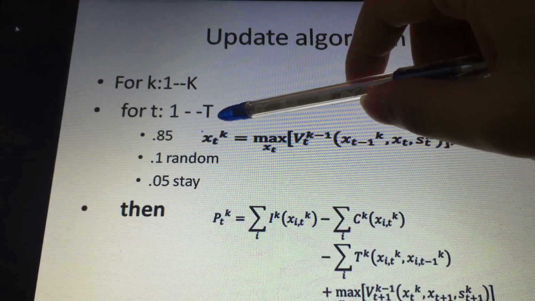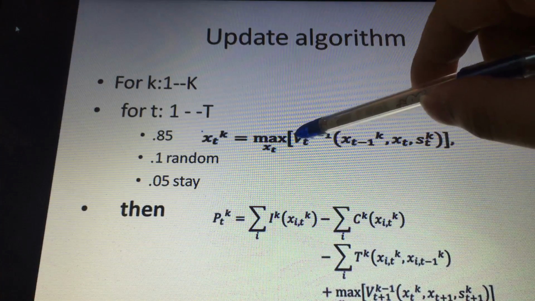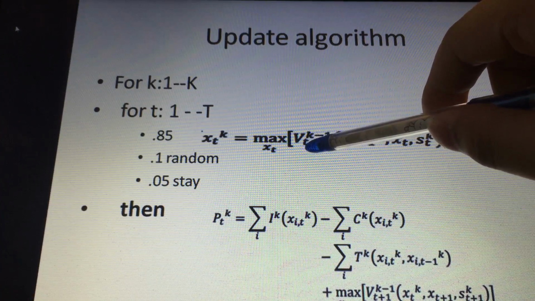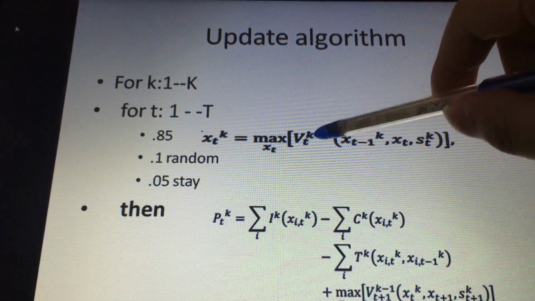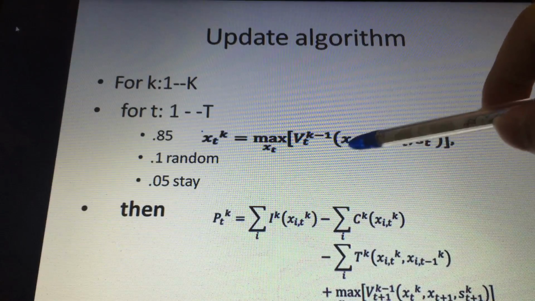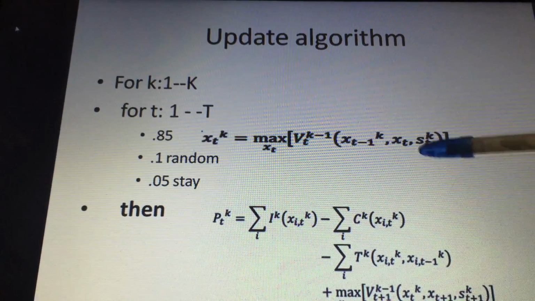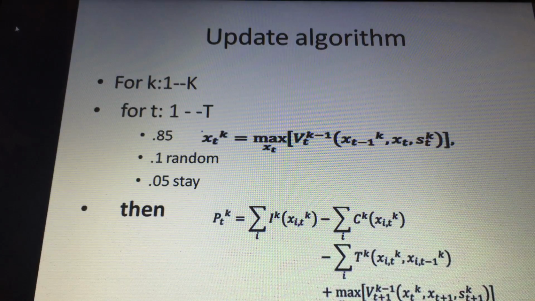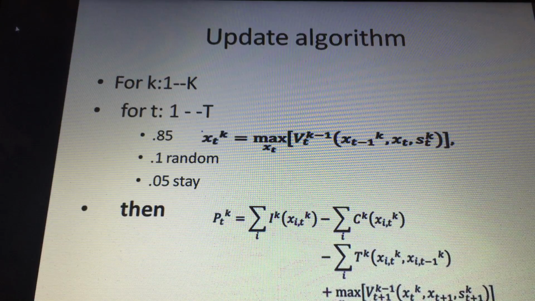The first one is that 85% will be the value of the last one, or the value function of the last iteration. The second is 10% for any number. The third one is that 5% will stay the same as the last one.